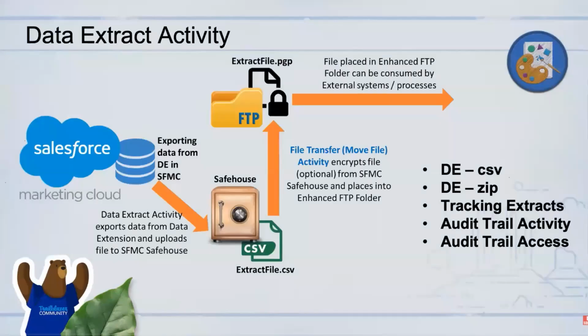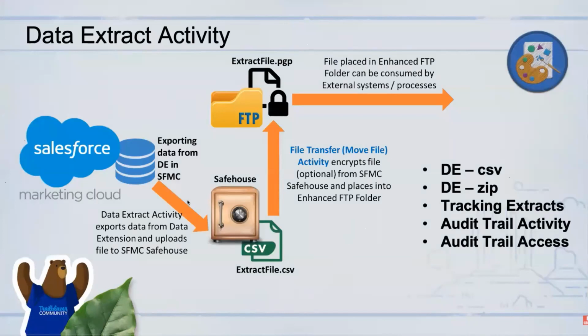I believe data extract activity was also covered in yesterday's session, but if somebody wants a quick revision, we saw this being used in the file transfer or data transfer demo example that we saw yesterday.